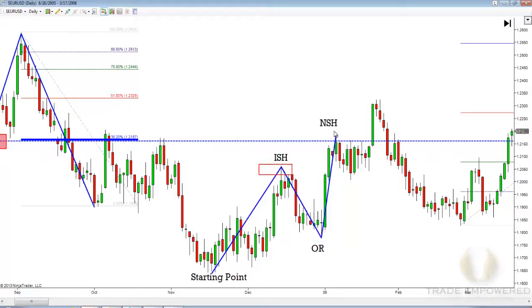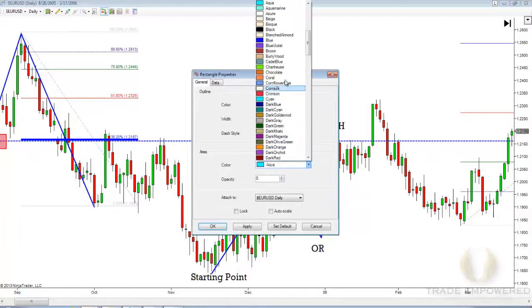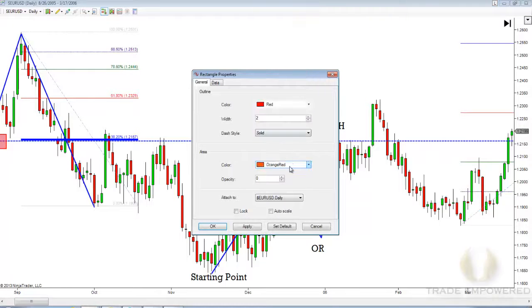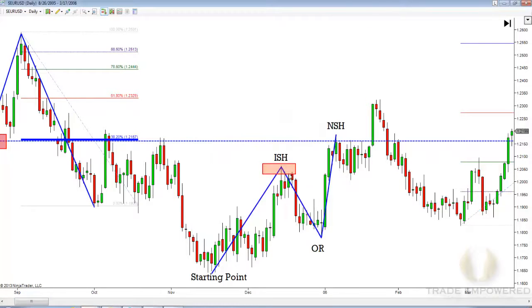Put our thinking caps on. After we get a new structure high, what do we expect? Another outside return, right? Where is that outside return going to come to? Probably our previous structure high level. So we create a zone right here. Here's our previous structure high. There's a good chance that our outside return will come to this level.